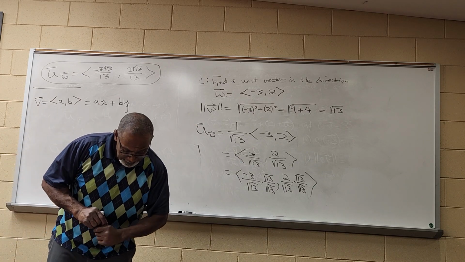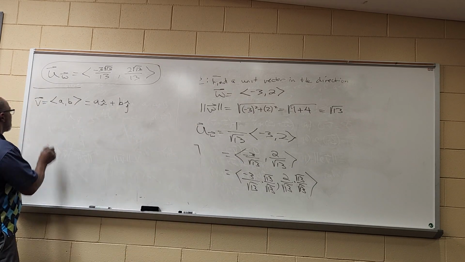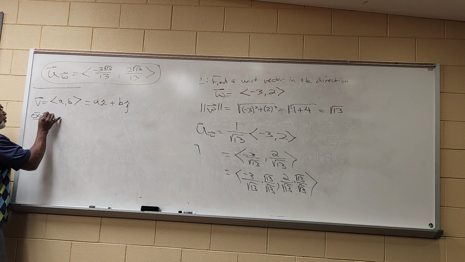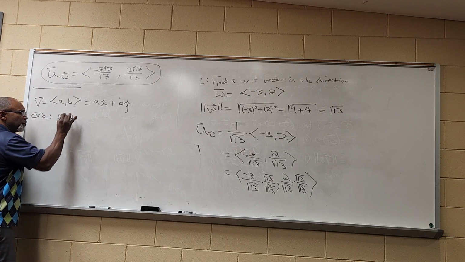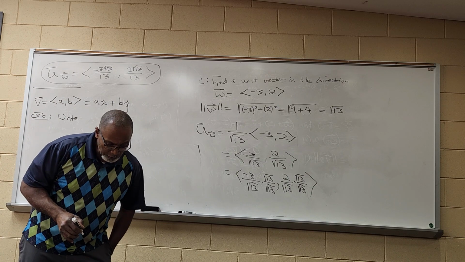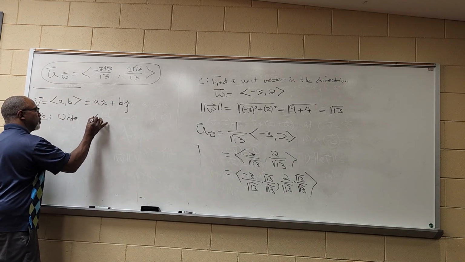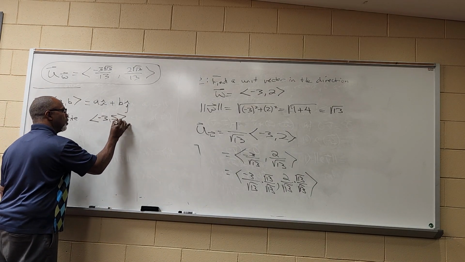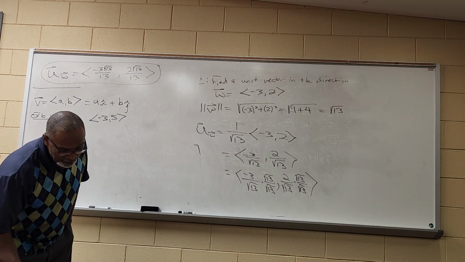So example 6, they say write negative 3, 5 in terms of i and j.